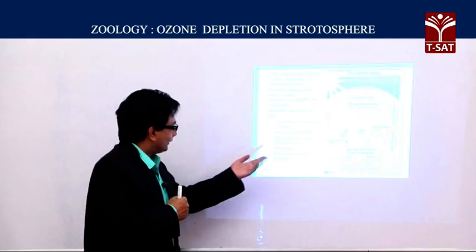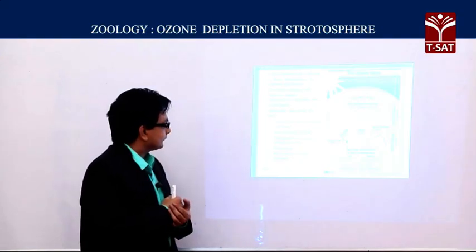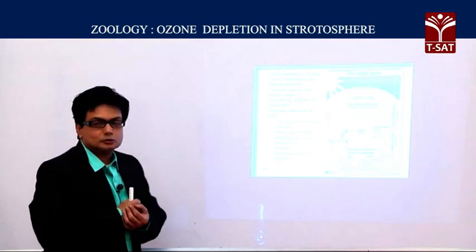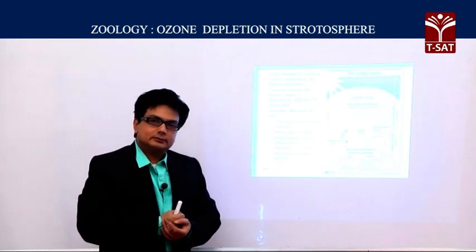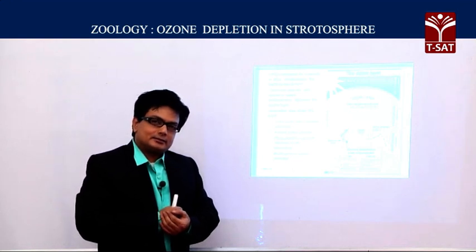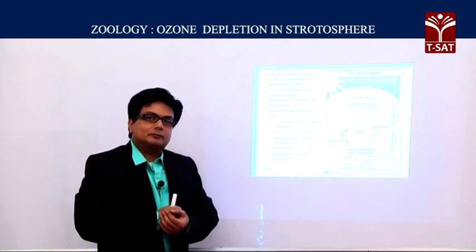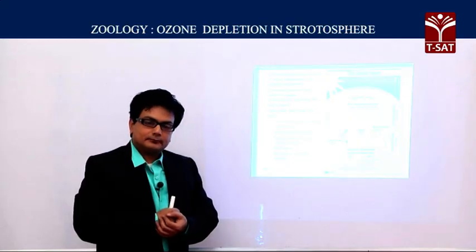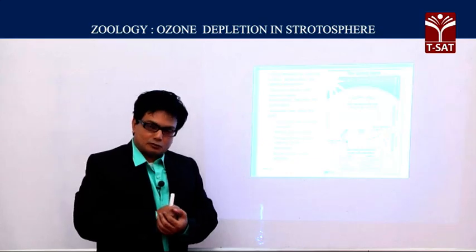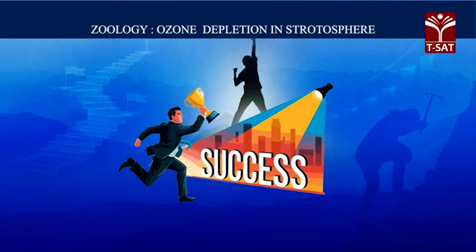The phytoplankton growth is also affected, and the biochemical cycles are also affected. And other than the cataract, we can also get affected by snow blindness. Let us see some of the features of snow blindness.